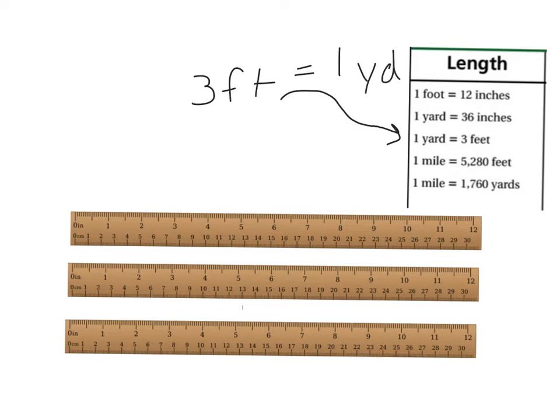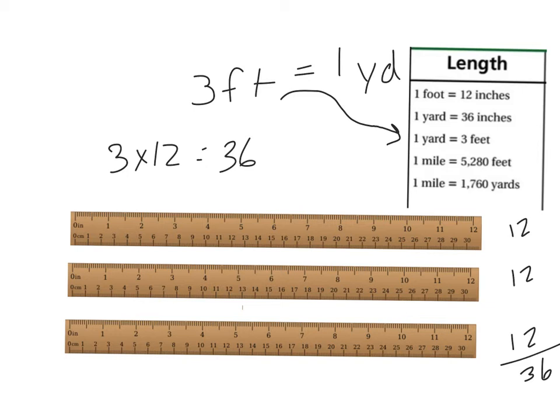But let's say we actually wanted to know it in inches. Well, one way we can do that is realizing that there are 12 plus 12 plus 12 in order to get 36. However, we also know that repeated addition is the same as multiplication, so that 3 times 12 equals 36 inches.